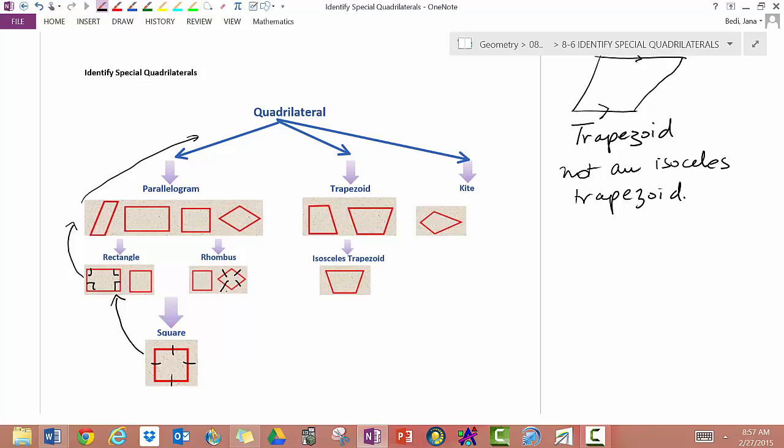So when you look at this hierarchy going downwards, a quadrilateral is sometimes the thing that's below it, and if you go upwards from one level to the next, then it's always. If you go across at the same level, it is never.